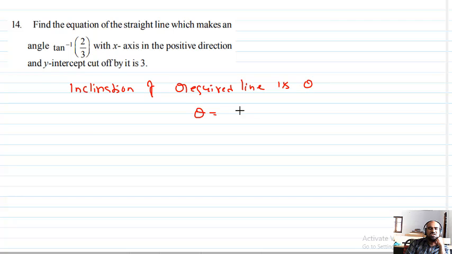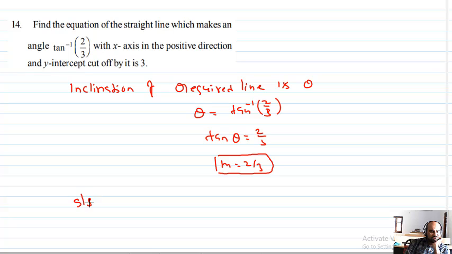Theta is given as tan inverse of 2 by 3. What is tan theta? Tan theta equal to 2 by 3, that is m equal to 2 by 3. Indirectly, slope is given.